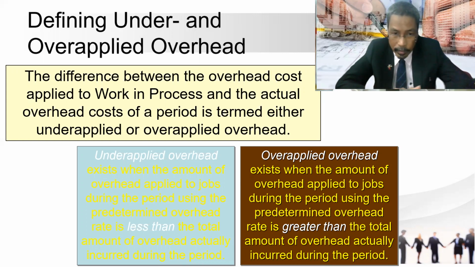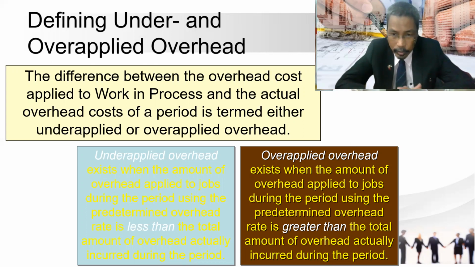Under applied overhead exists when the amount of overhead applied to jobs during the period using the predetermined overhead rate is less than the total amount of overhead actually incurred. So our estimate is less than the actual. So that is under-applied.